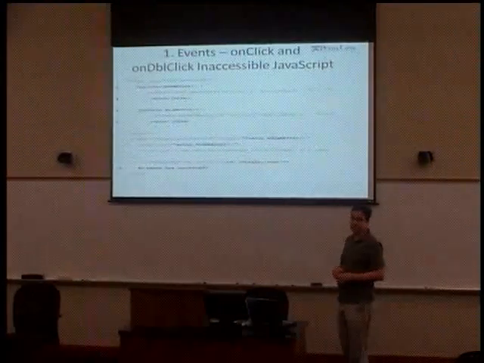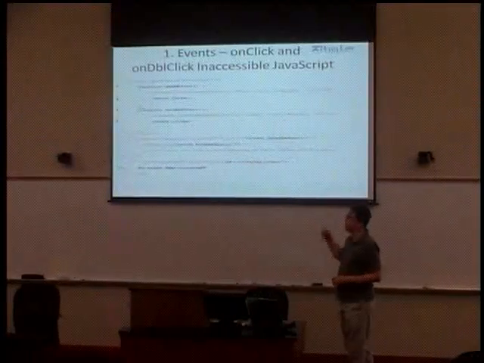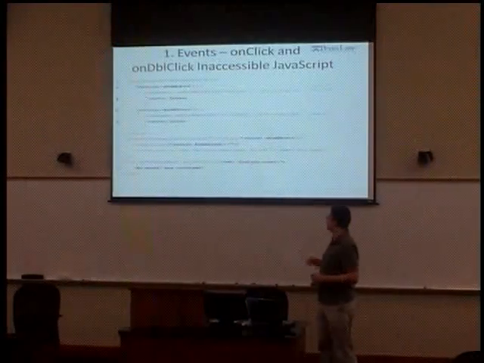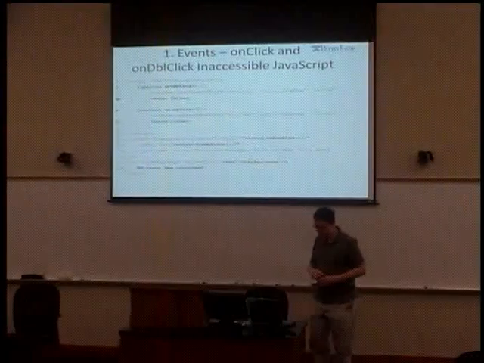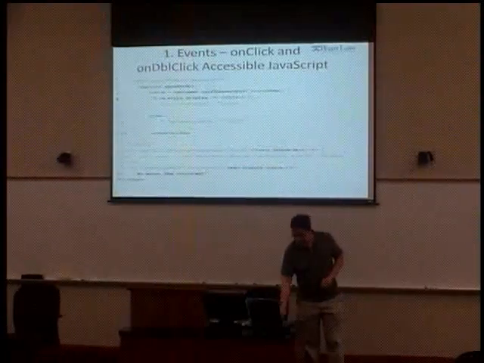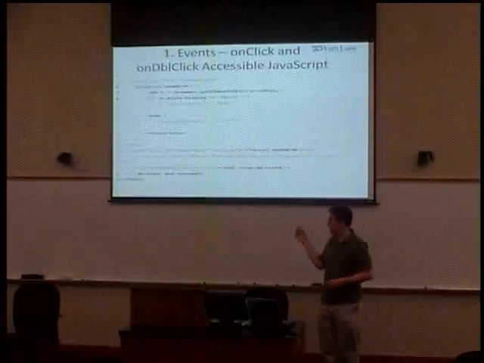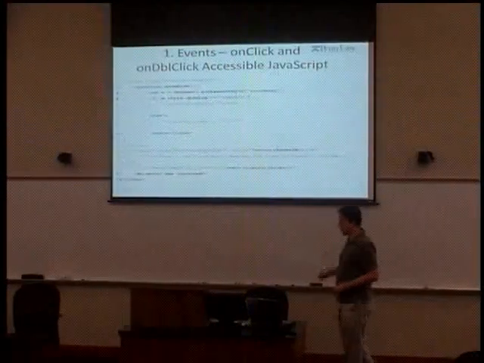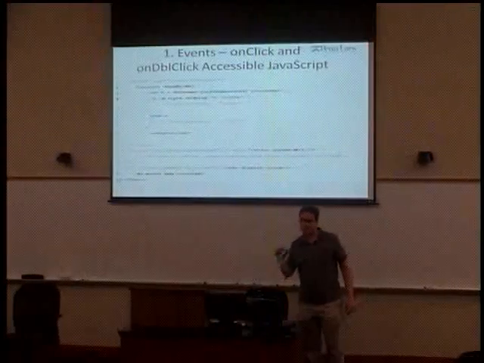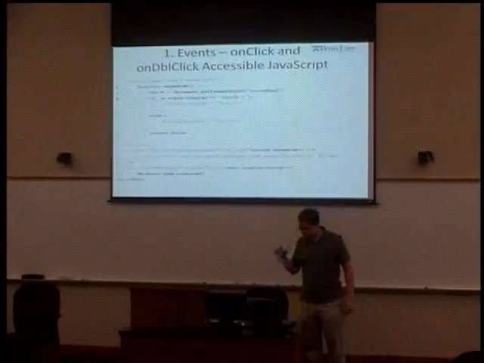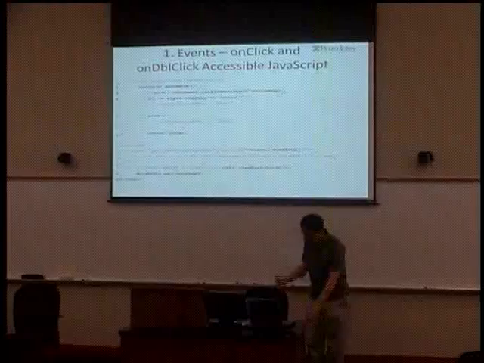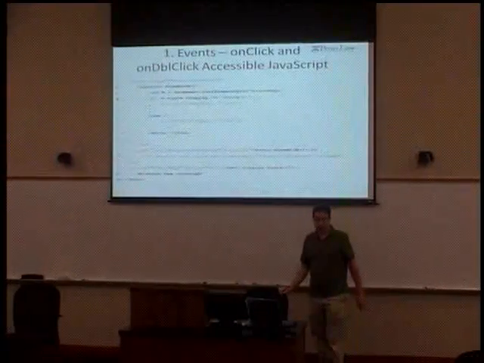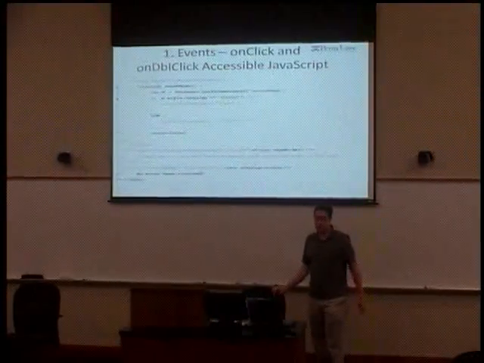It has an on-click event that displays the error, and an on-double-click event that hides the error. And then this is the accessible one. It's pretty easy to make accessible, like I said. All you need to do is replace that href with an actual target. So here that target is just a ColdFusion page that hides and shows the error message.